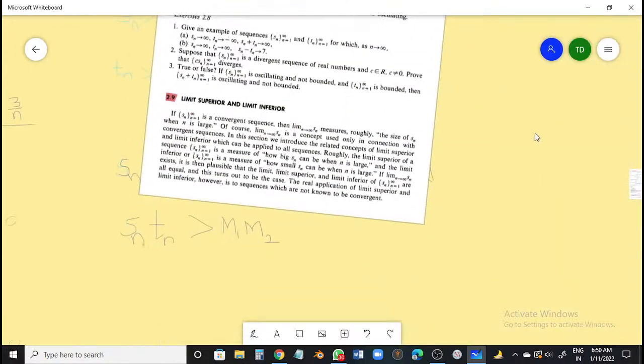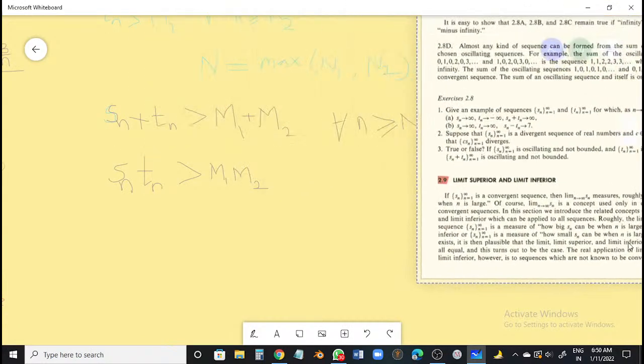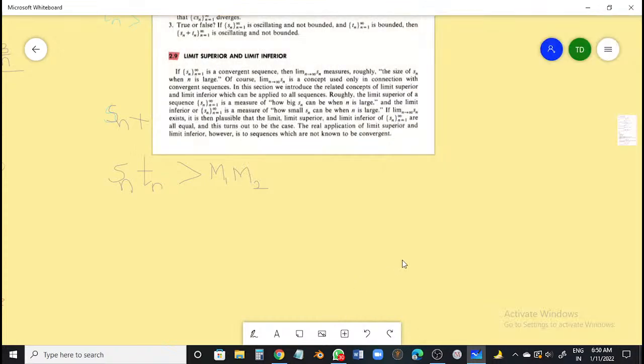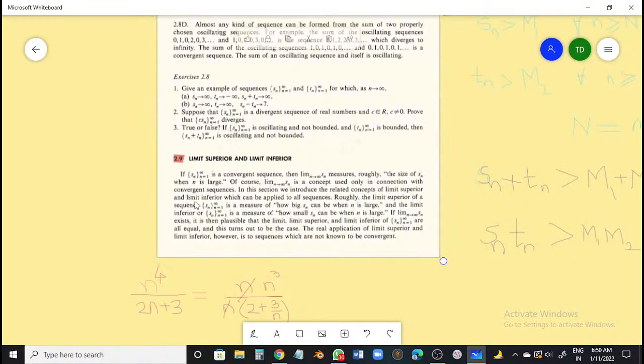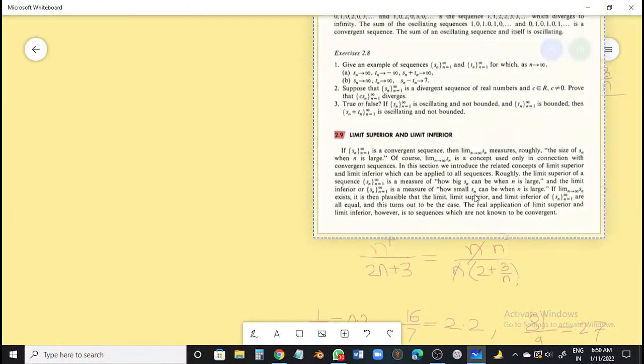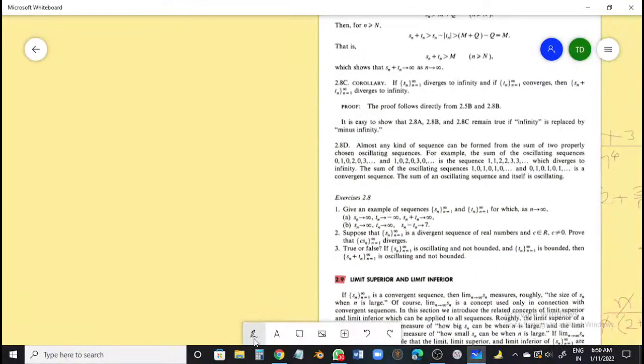What do we mean by bounded? The concept of convergence is quite different from boundedness. So let us see what is meant by bounded. If we talk about the sequence 1 over n, how are the terms?